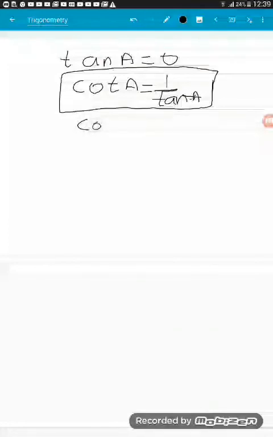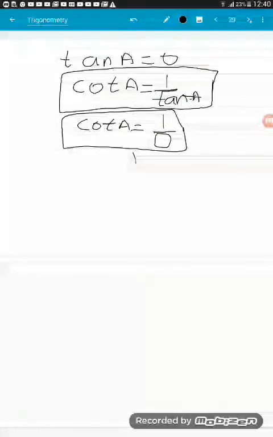So for 0 it will be 1 by 0, which is not defined. So it is true that it is not defined.